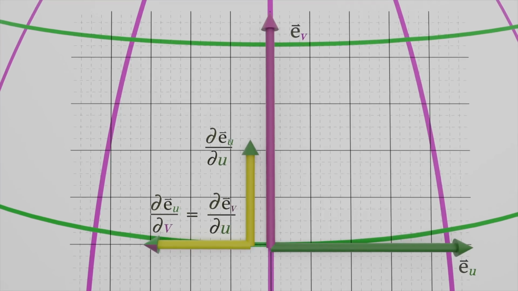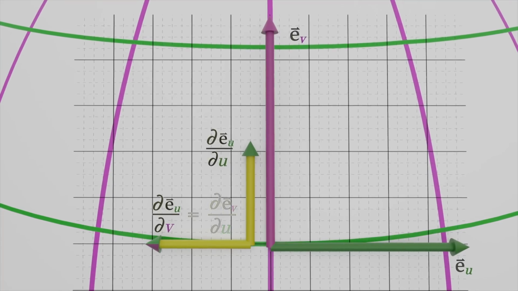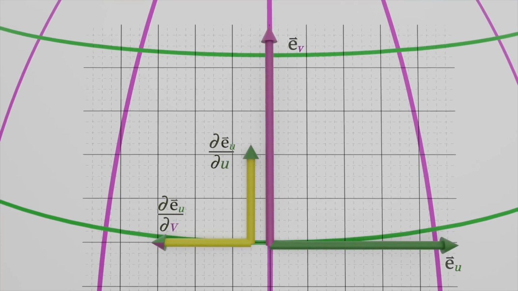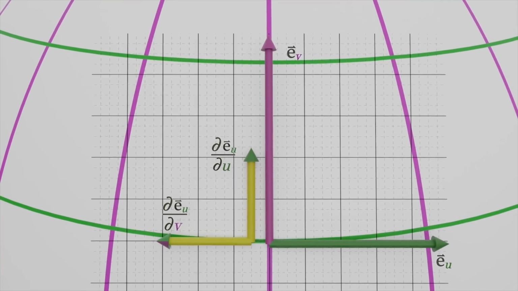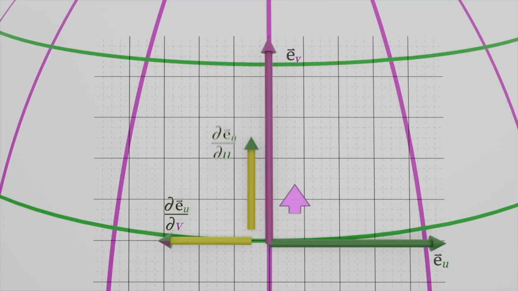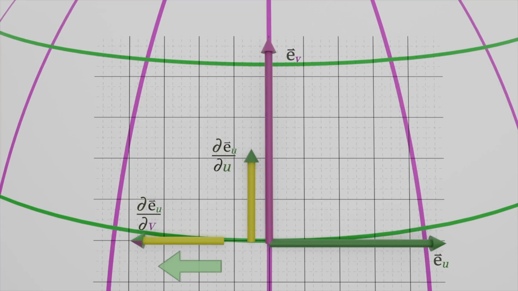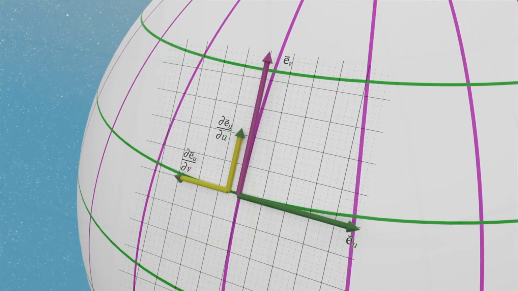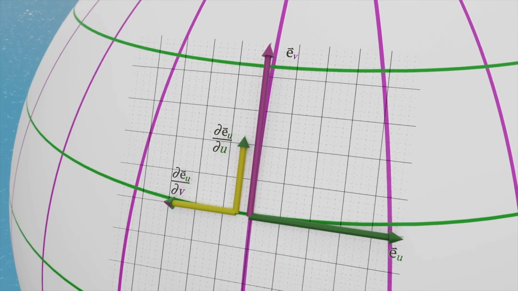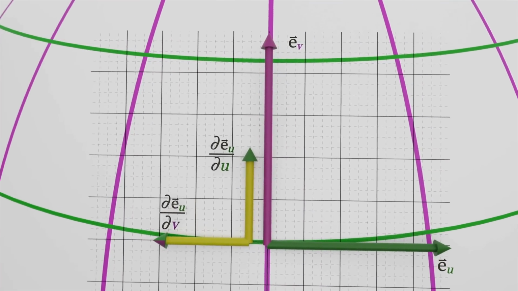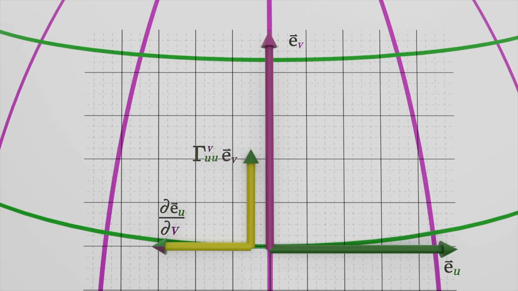Once this is accomplished, we need to further decompose these derivative vectors into components of the parametric basis. Fortunately, both these vectors already point along our basis directions. Thus, all that's left to do in order to get our Christoffel symbols is to express these vectors as proportions of the basis vectors.